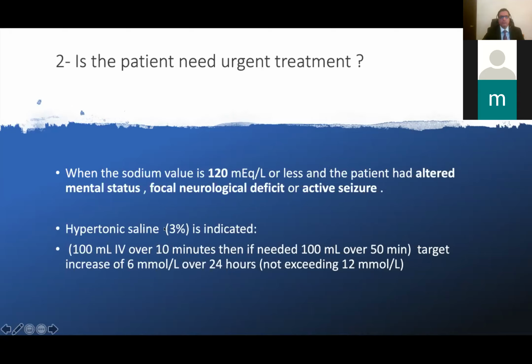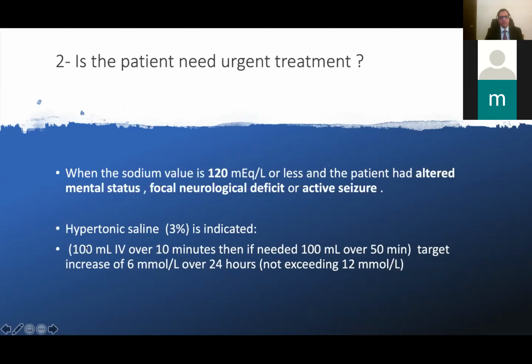The treatment of choice will be hypertonic saline, or 3% saline. There are different approaches. One of the most commonly used is to give a bolus of 100 ml IV over 10 minutes, then if needed repeat another 100 ml.